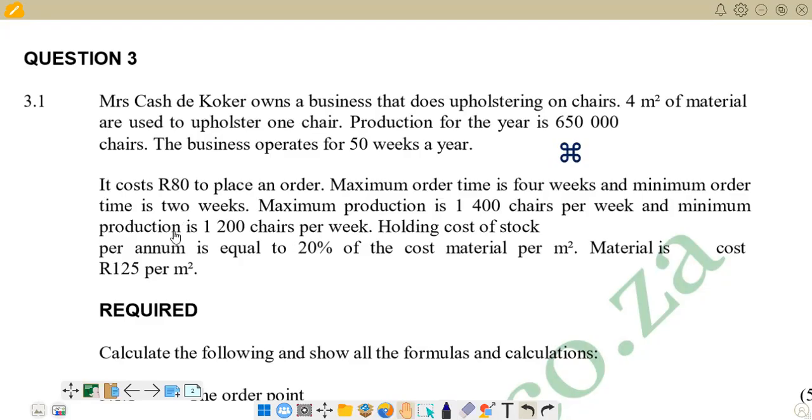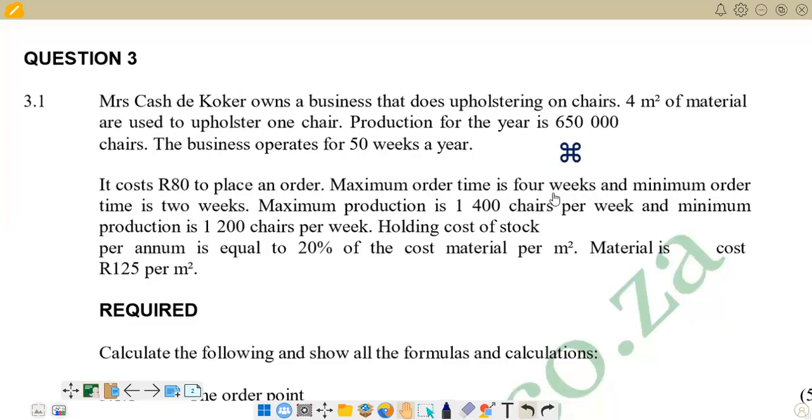Right. So on the first question, the question reads: Miss Kesh Dikuka owns a business that does upholstering on chairs. Then next sentence: 4 meters squared of material are used to upholster one chair. Production for the year is 650,000 chairs. The business operates for 50 weeks a year. The next paragraph: it costs 80 Rand to place an order.